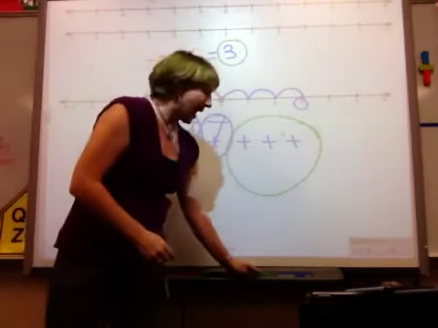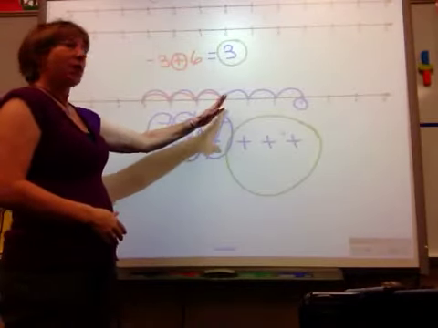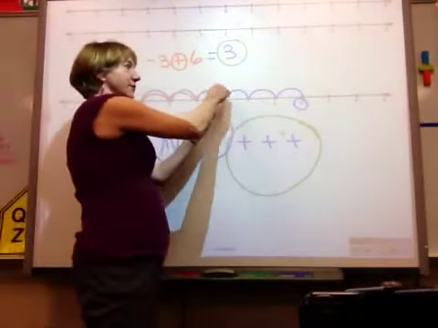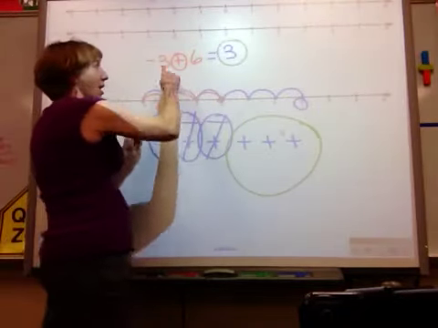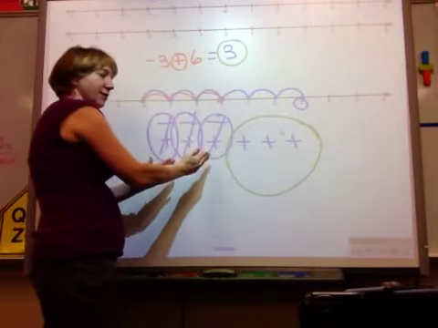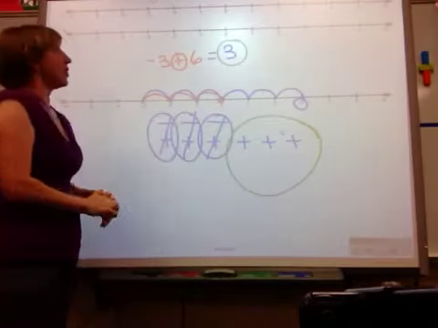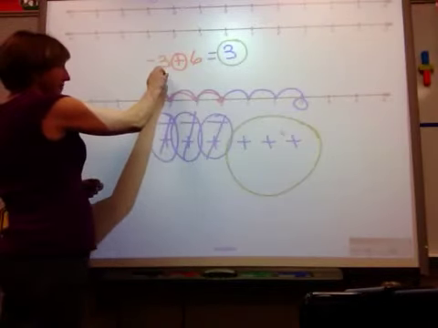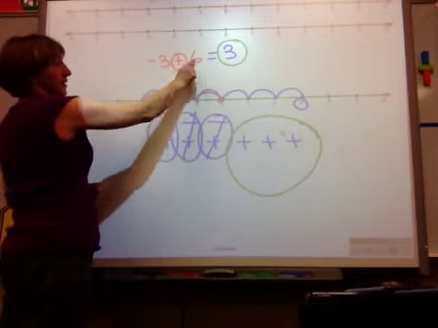So when you're looking at adding integers, you can do it 2 ways. Start with 0 and do the correct movements, positive and negative, see where you end up. Or write down how many of each sign you have, cross out your positive negative pairs, your 0 pairs, whatever is left is your answer. Notice that in this problem, we had 3 negatives and 6 positives.